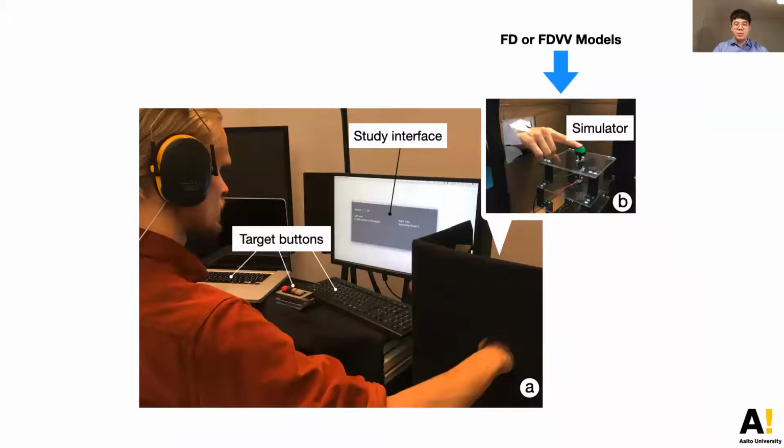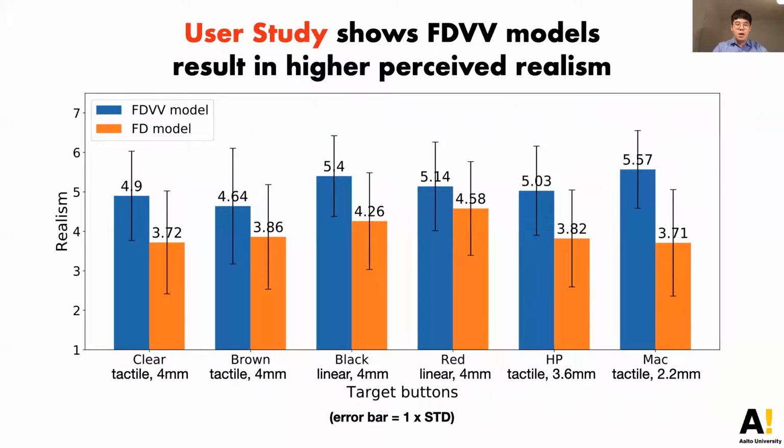The participants were asked to rate the realism between the target buttons and the simulation models on the simulator. Both FDVV models and the FD models were rendered. For all the buttons, the new model resulted in higher perceived realism.